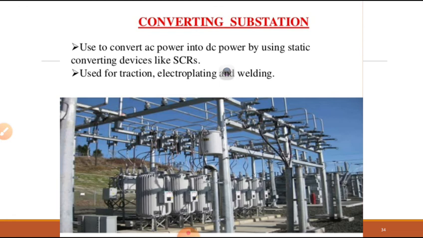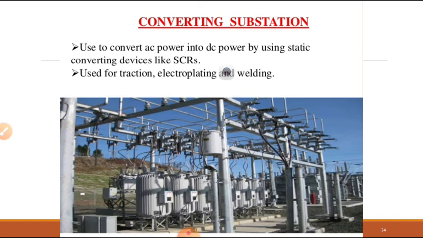Next, the converting substation, which converts AC power into DC power by using static converting devices like silicon controlled rectifiers, SCRs, used for traction, electroplating, welding, and other special purposes of conversion.